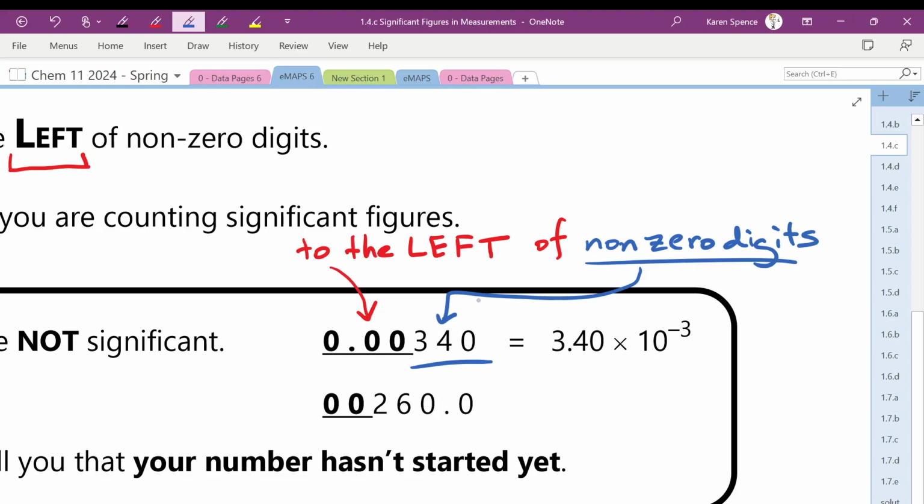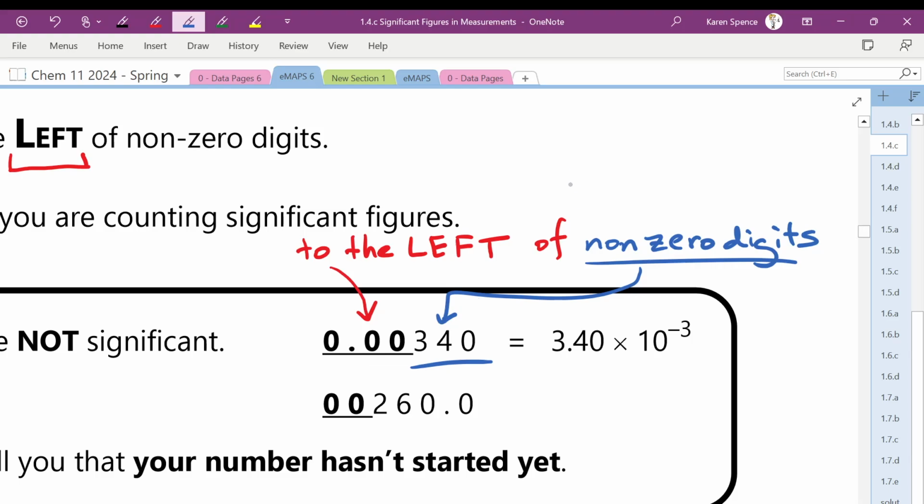And what did we say about those zeros? Those zeros just tell us that our number hasn't started yet. They are just placeholder zeros. They are not significant.